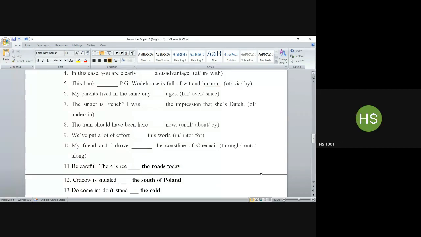In has two functions: place and time. So what do you think is the right usage? Should we use into? Should we use in? Into, because work is something that you can immerse yourself in. Yes.